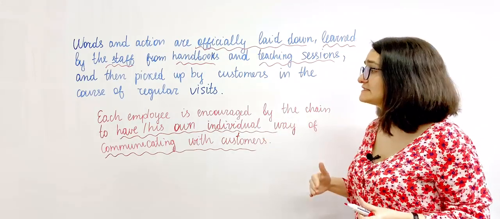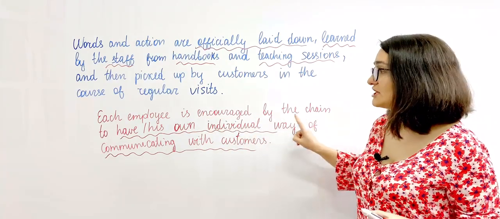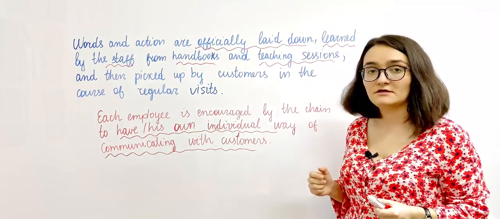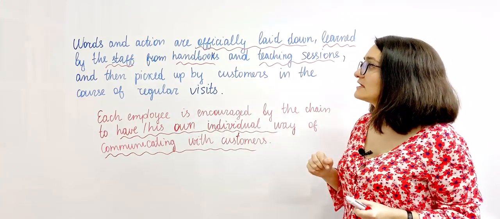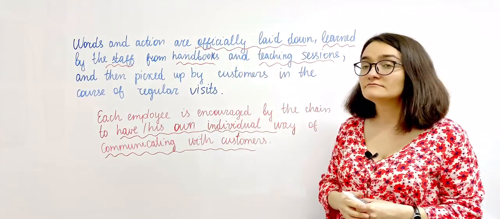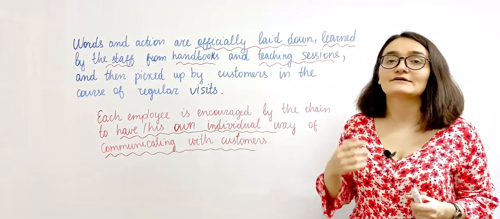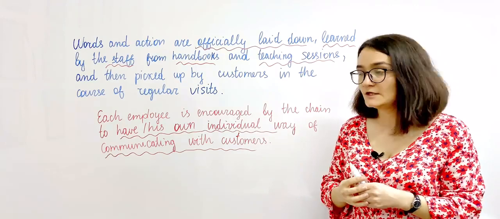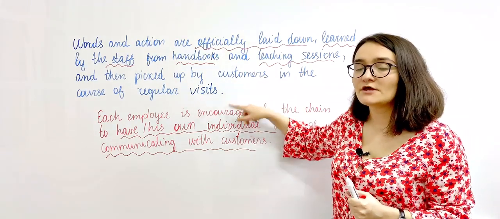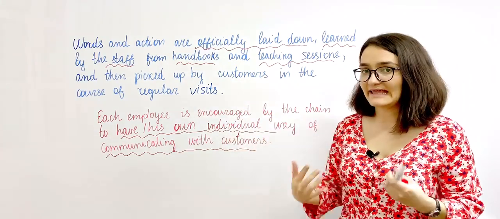So in the question it said each employee is encouraged by the chain to have his or her own individual way of communicating with customers. But in the passage it said words and actions are officially laid down and they have teaching sessions and only after that they start to communicate with customers. So the information in the passage completely disagrees with the information in the statement.